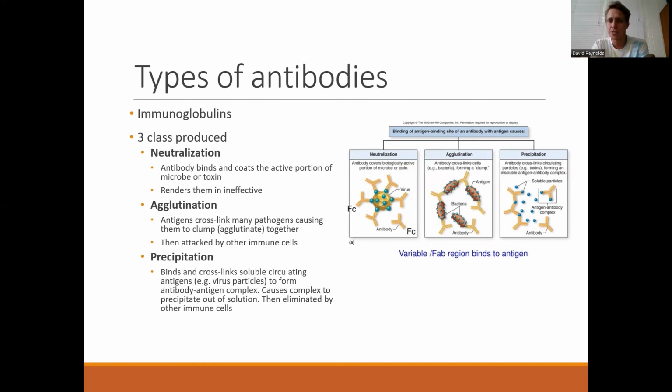So neutralization is part of this whole antibody's power, all right, its ability to stop these pathogens that it knows how to attach to. Because you can make so many of these antibodies, once you release them into your bloodstream, you have enough to coat the entire pathogen. So here in this example, they're using a virus, and it has these antigens on the virus.